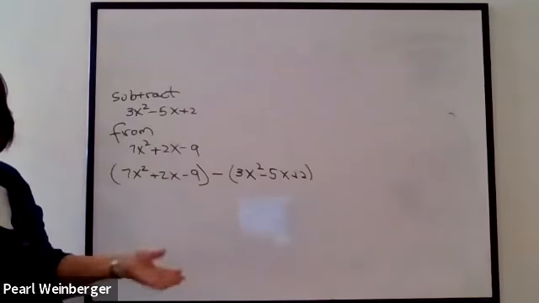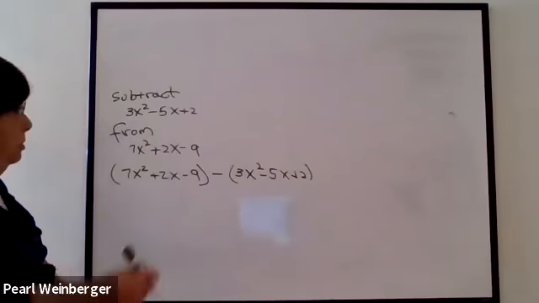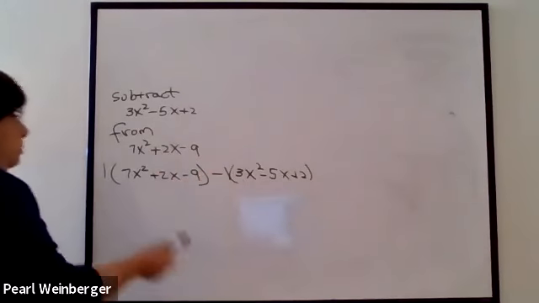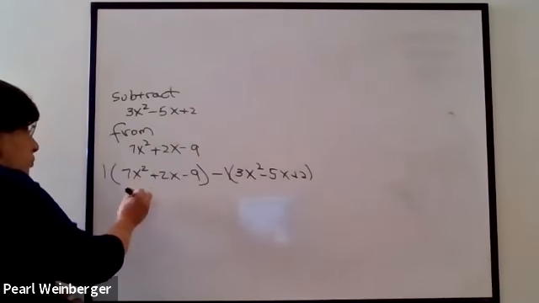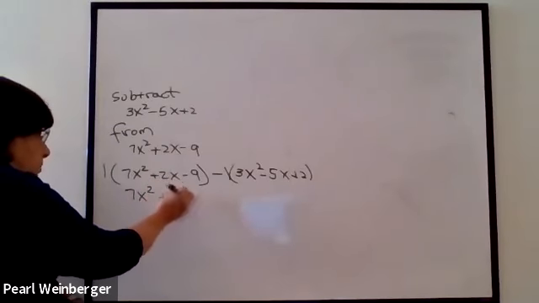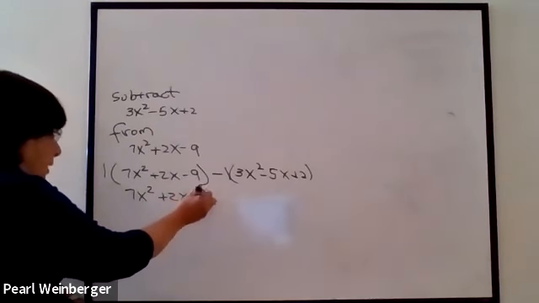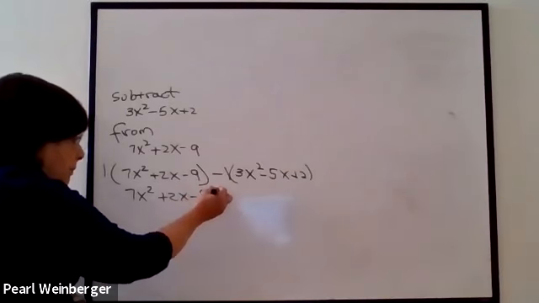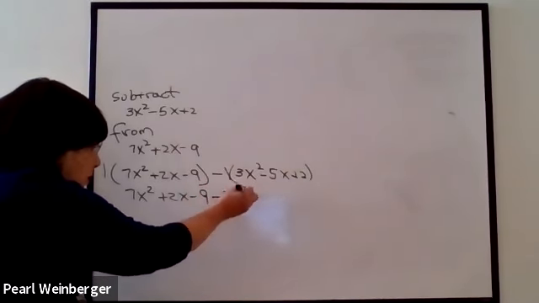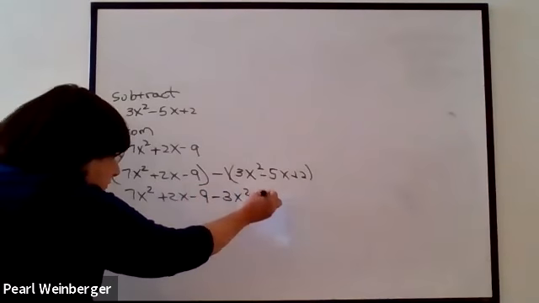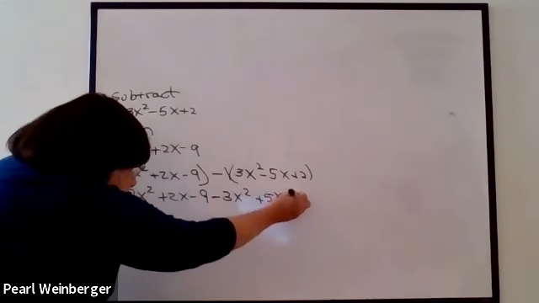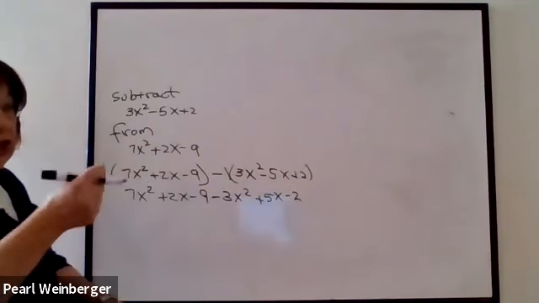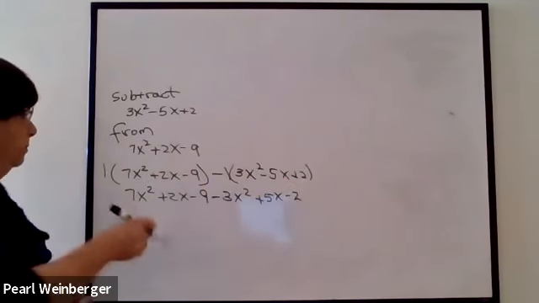Of course, now we're going to do the same thing. We're going to act as if there are ones here. This will be 7x squared plus 2x minus 9. That stays the same. And this we're multiplying by -1, so that'll be a -3x squared, a positive 5x, and a -2. Again, multiplying by -1 is essentially changing all the signs.